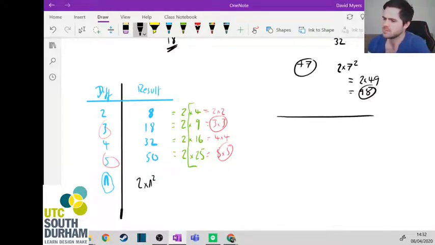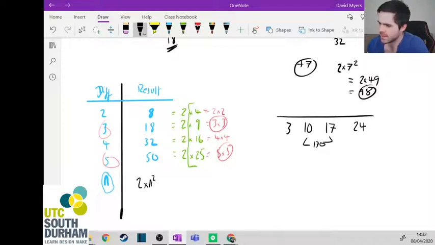Now if we were to pick some random number and add 7 to it, let's go with 3. You might notice why I've done that. 3 plus 7 gives us 10. 10 plus 7 gives us 17. And 17 plus 7 gives us 24. 10 times 17, 170. 3 times 24, well 3 times 20 is 60, 3 times 4 is 12.